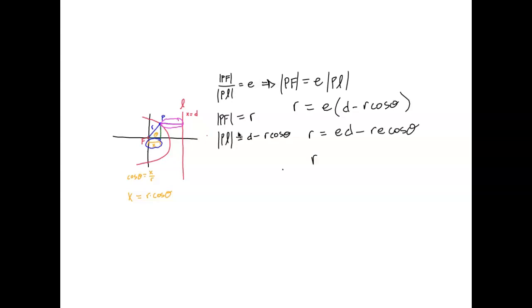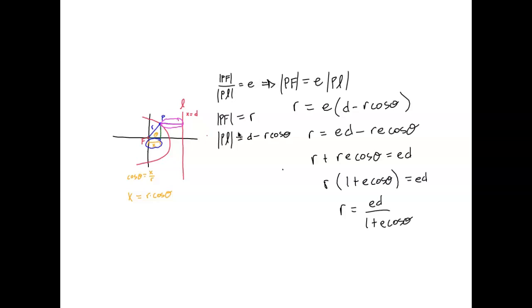I'm going to group the r terms, so r plus r E cosine theta equals E d. And then factor out an r. r times 1 plus E cosine theta equals ED. And r equals ED over 1 plus E cosine theta.